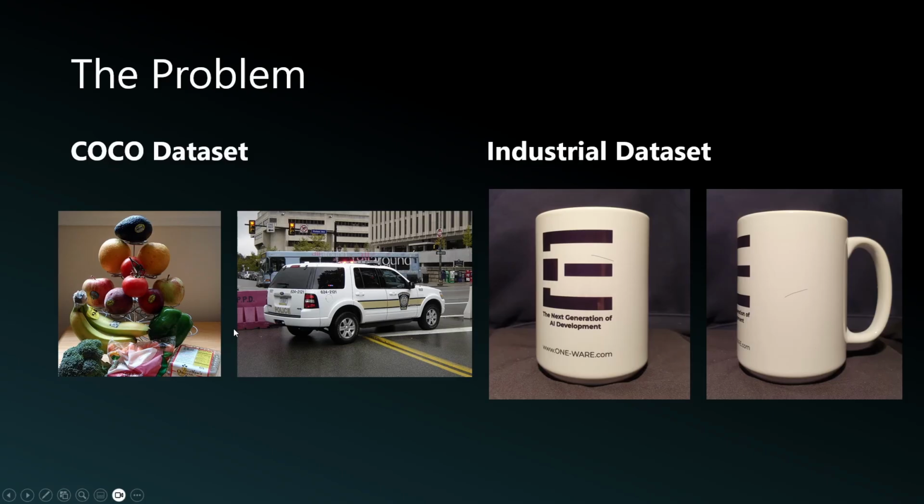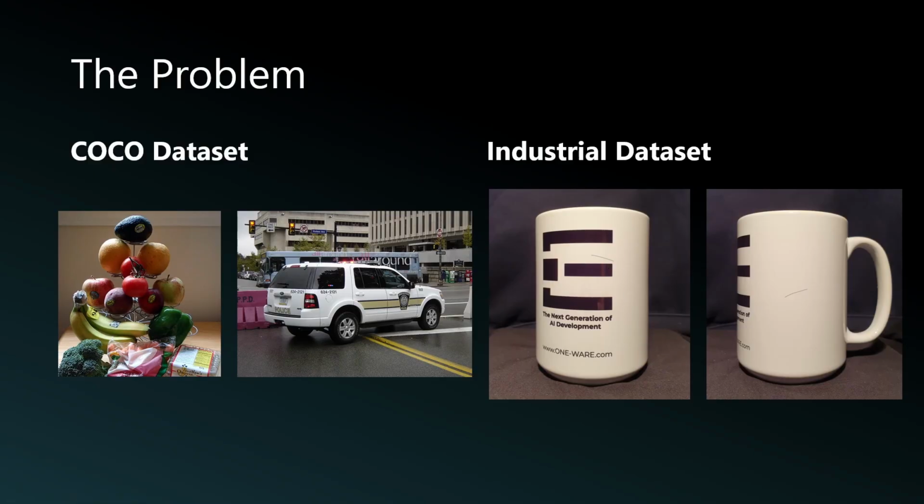For example, a common data set that is used to train those models is the COCO data set. And here you can already see the same model is expected to both detect fruits, but also detect cars in traffic scenes and many other things more. But on the other hand, your problem might be a lot more narrow. A lot of problems only focus on one single task, for example, detecting scratches on coffee mugs.